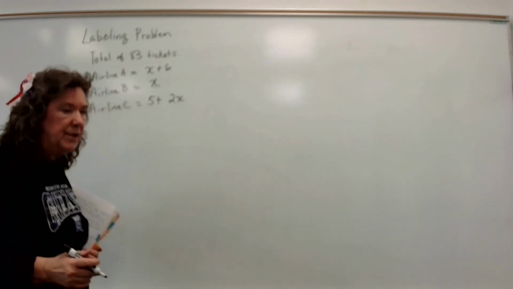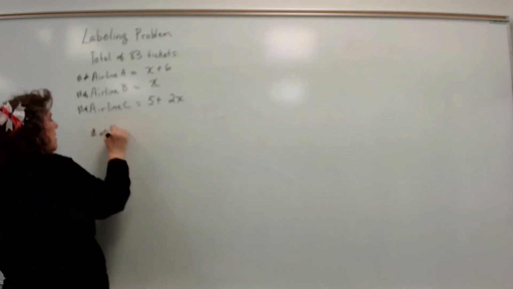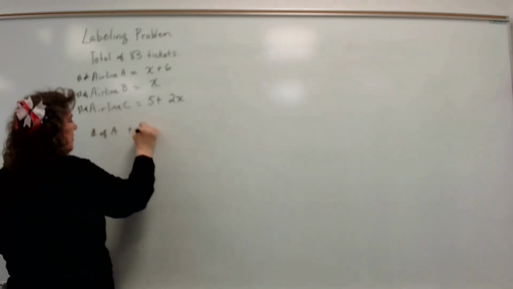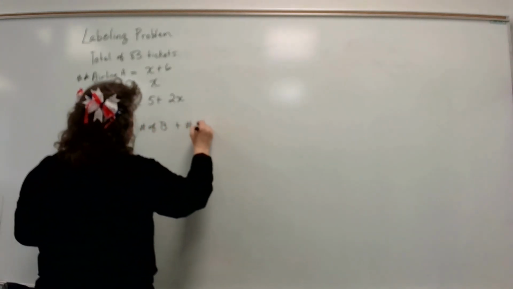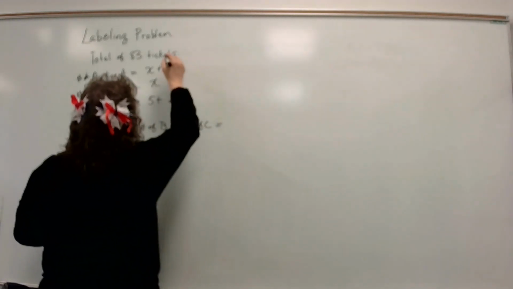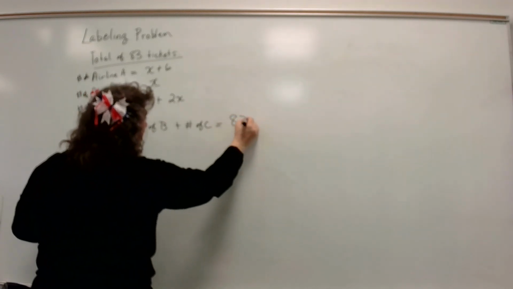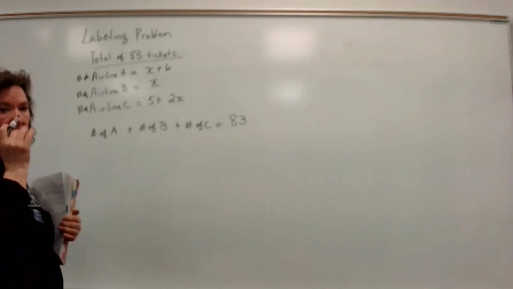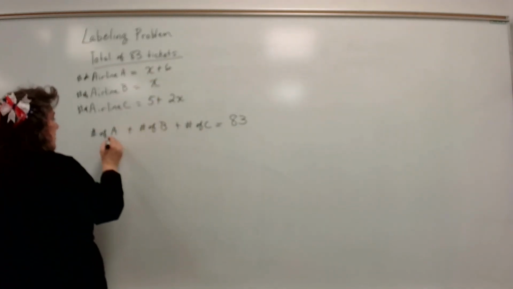What is our equation? Well, our equation is the number of tickets of A plus the number of tickets for B plus the number of tickets for C is equal to my total number of tickets, which is 83. Okay? So now let's change our expressions for this.